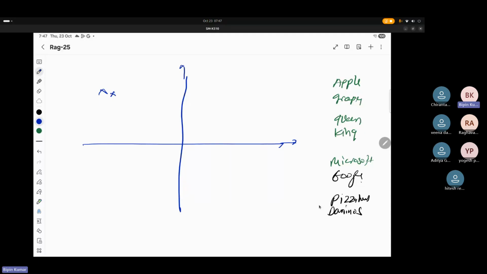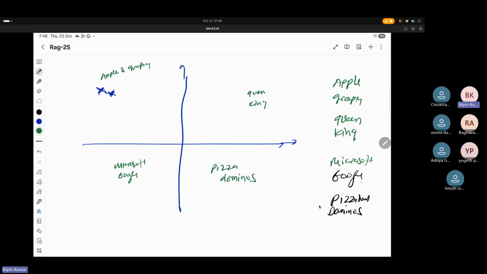So let's say these two vectors represent apple and grapes. Okay. Similarly, queen and king, Microsoft and Google. Okay, and pizza, Domino's.